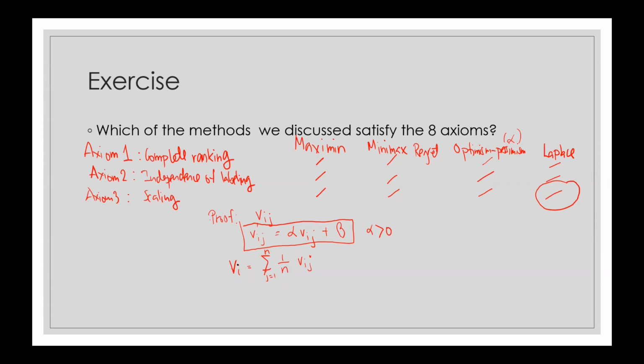Now, if Vi is preferred over, let us say, Vk. Assume that Ai is preferred over Ak. Usually, ang symbol ng preference is parang ganyan siya.